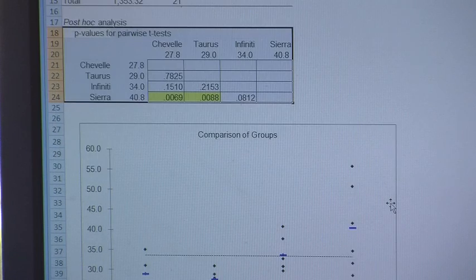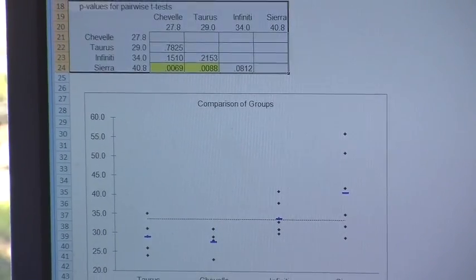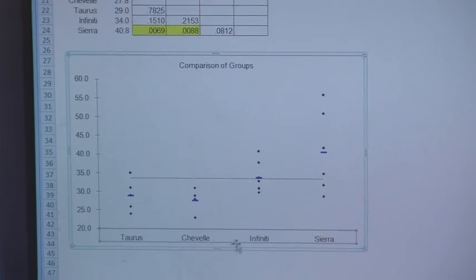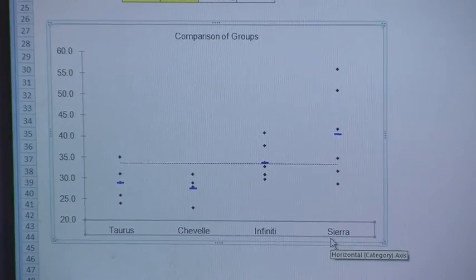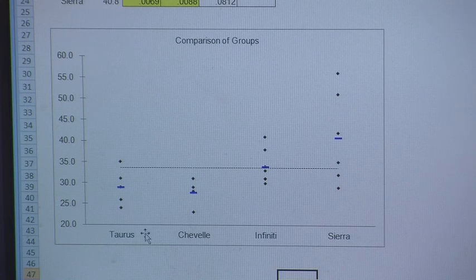Now, you can also see here, in terms of the Taurus, the Chevelle, the Infiniti, and the Sierra, that each of these little diamonds represents the mileage for a vehicle. So one of the Tauruses got less than 25 miles to the gallon.